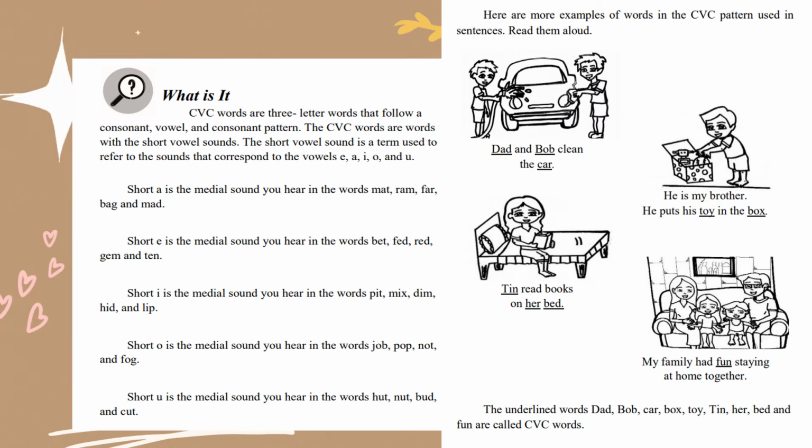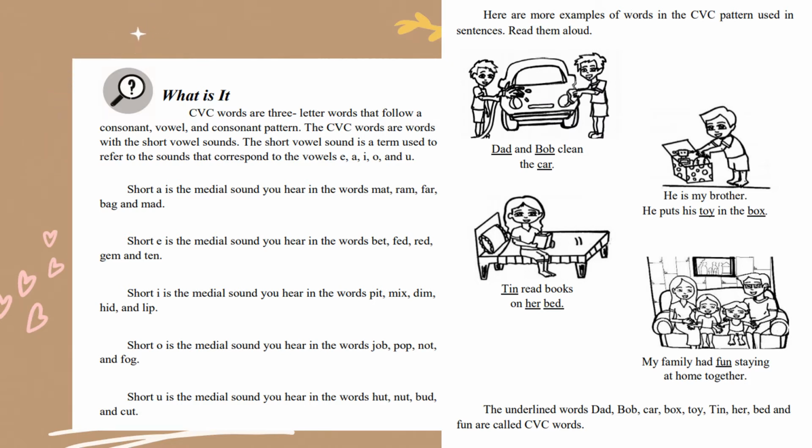Short I is the medial sound you hear in the words pit, mix, dim, hid, and lip. Short O is the medial sound you hear in the words job, pop, nut, and fug. Short U is the medial sound you hear in the words hot, nut, bud, and cut.